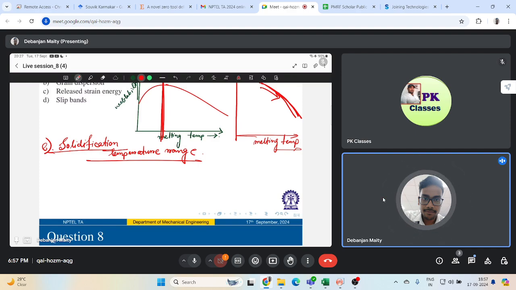First, what is the solidification temperature range? If I'm talking about some kind of range, that must be the difference between two temperatures. What are those two temperatures?